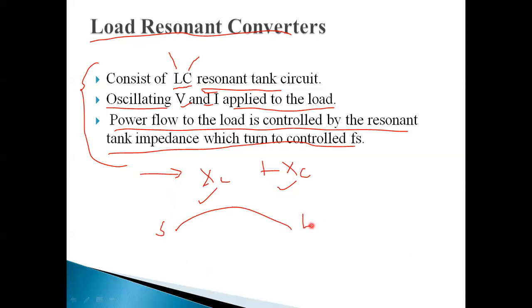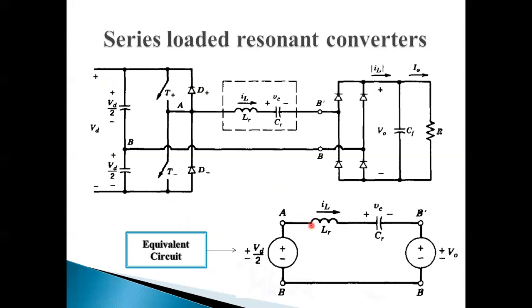Now we move forward to our first topic, which is the series loaded resonant converter. First of all, we see the elements of our circuit. The first element is the supply voltage, which is DC voltage, and then there are two capacitors of equal rating.